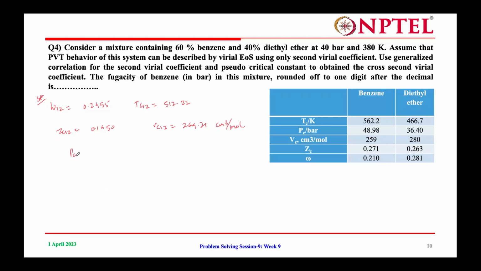And PC12 is 22.93 bar, right. Here R is equal to 83.14 centimeter cube bar per mole Kelvin, right.